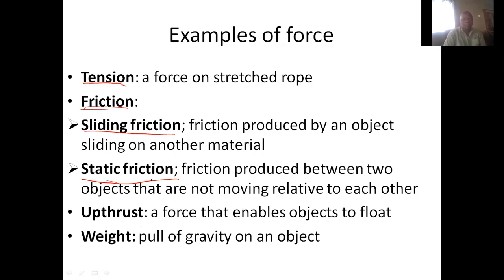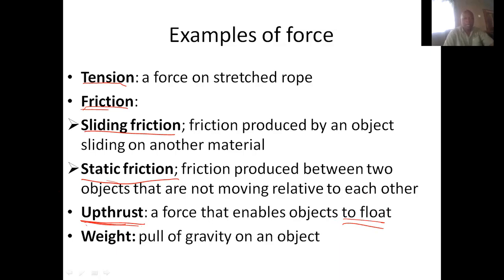Another type of force is upthrust. When you put an object in a liquid, at times the object, depending on the density of the liquid, will float. That means that the liquid exerts a force upwards, and that force is known as upthrust. It's a force exerted by a liquid on a floating object.